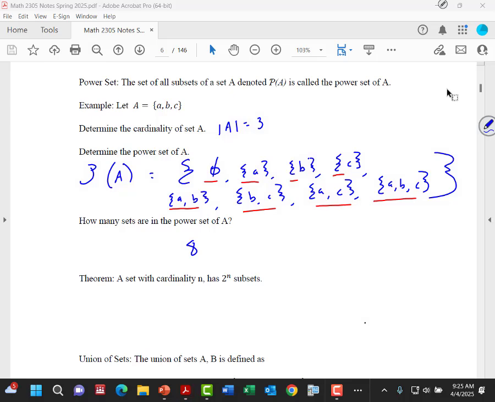So I simply want to state that there are 8 subsets that can be constructed from this set A. Now, very important theorem, a set with cardinality n has 2 to the n subsets. So what was the cardinality of this set? Well, the cardinality was 3. And so 2 to the 3rd power is 8. And what we've done is we've simply listed those 8 subsets.